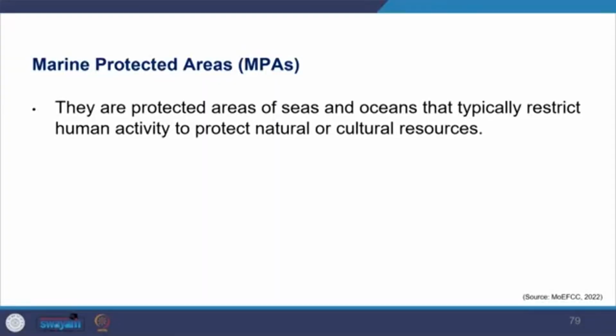So moving forward, we see another act of concern, which is the Indian Wildlife Protection Act of 1972. This also has implications on the marine protected areas. So looking at what marine protected areas are: they are the protected areas of seas and ocean that typically restrict human activities to protect natural or cultural resources.